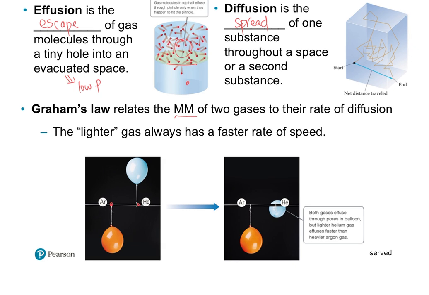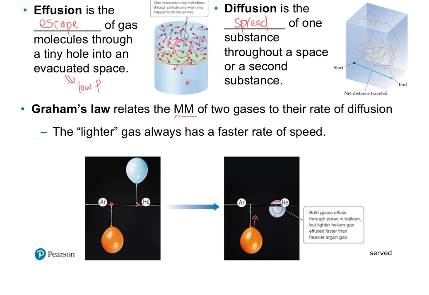Now they have different molar masses, so argon is actually heavier, which is why it sinks, versus helium. We can see that with helium, a lot of the gas molecules escape, making it sink, whereas with argon, if those gas molecules escaped, it would rise up. And so helium, because it's lighter, the molecules are going to diffuse or effuse faster through the holes.